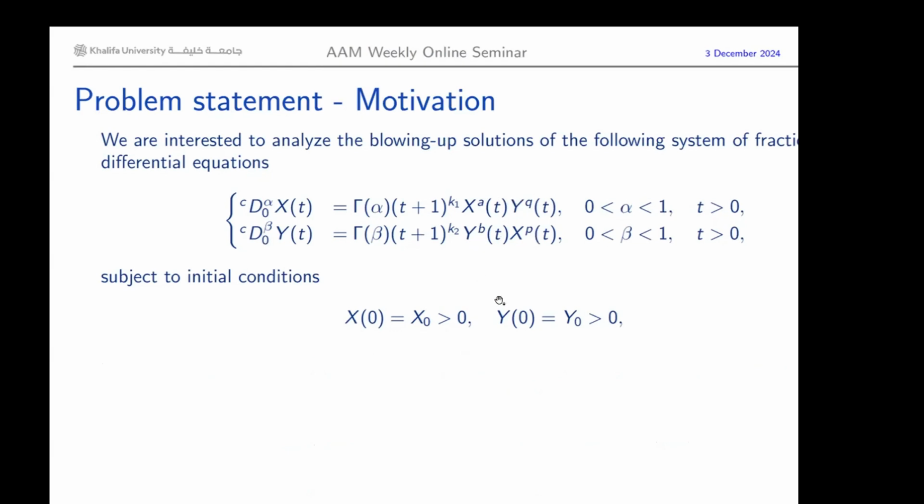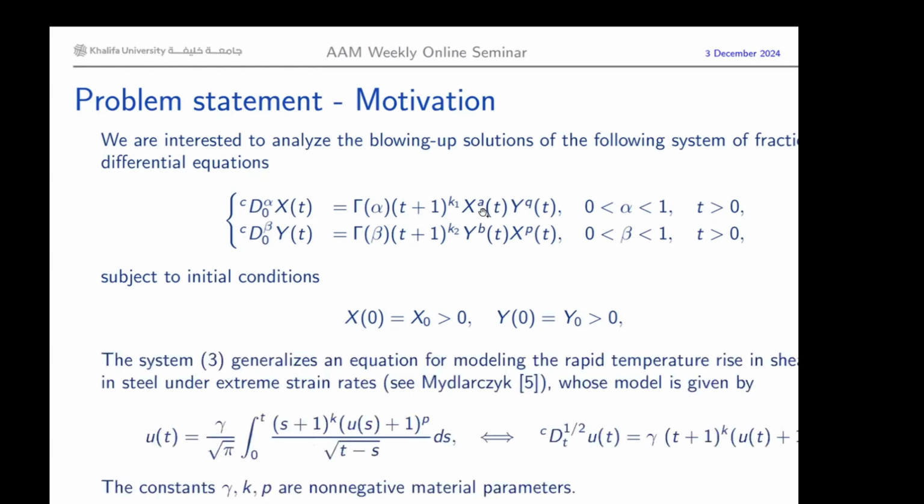Well, actually not really. If we take only one equation here, that equation has been studied by Mydlarczyk to model the rapid temperature rise in the shear band formation of steel. If I may give you a little idea of what it is: if we have an object made of steel, for example, and that object is placed under a continuous strain or stress, then eventually that object will break.